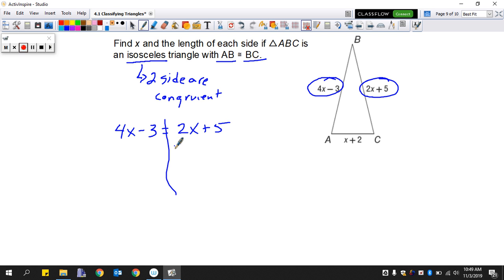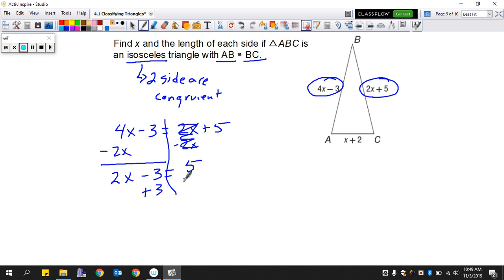And then to find the measure of the sides, we just substitute the 4 in for x. So this would be 4 times 4 minus 3. 4 times 4 is 16, minus 3, which is 13. Okay, so the length of this side is 13.